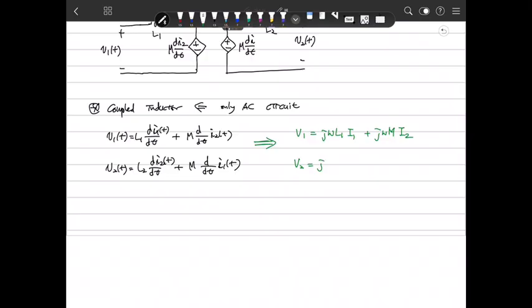And V2 is jωL2 I2 plus jωM I1. So when you solve the coupled inductor in phasor form, you can change the phasor into impedance.